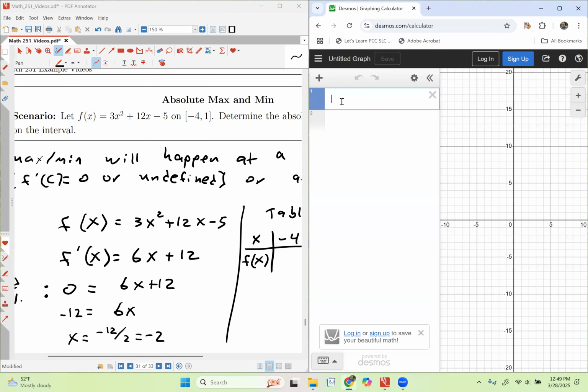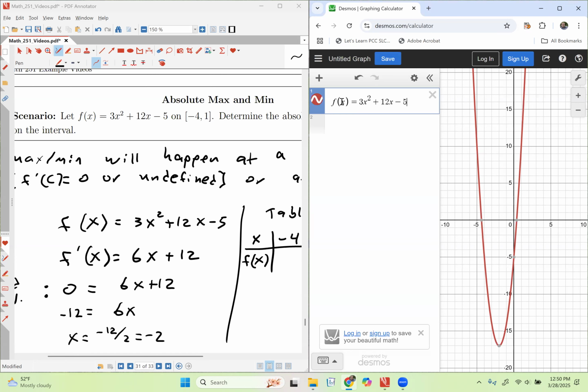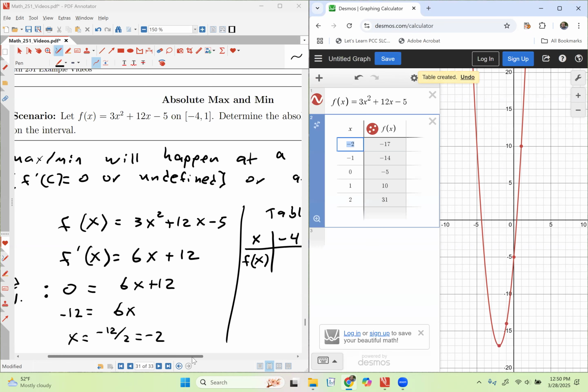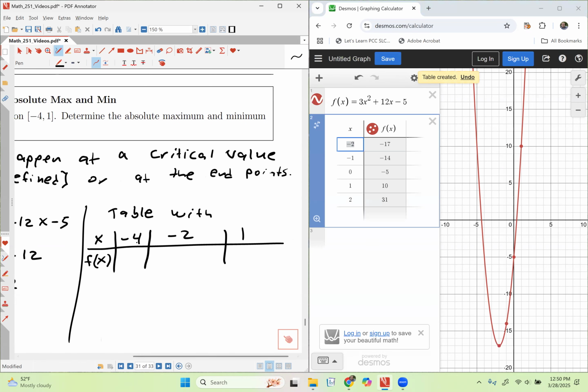Okay, I've got my Desmos open, so I'm typing in my function f of x equals 3x squared plus 12x minus 5. I'm going to hit the gear to make a table, and then I'm going to hit the table. And the values that I want to check are negative 4, negative 2, and 1.